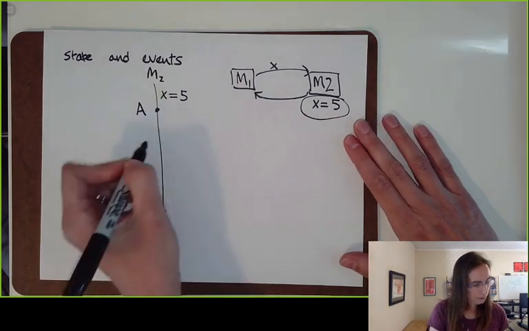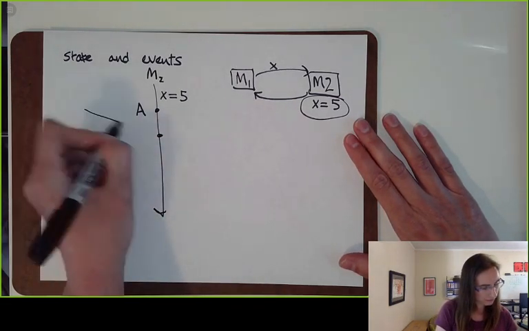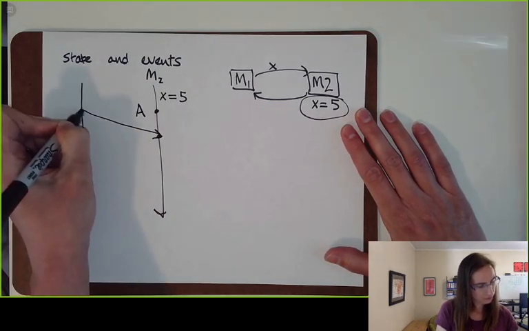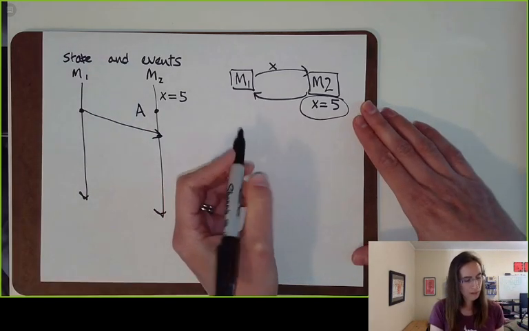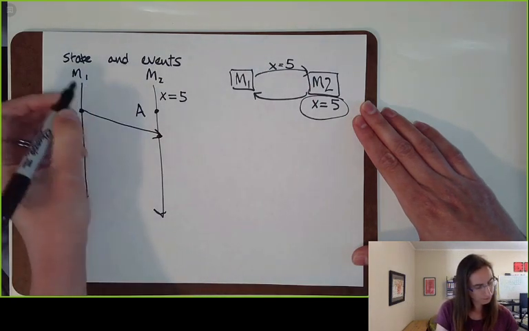So maybe there's another event here that happens to be a message being received. Maybe M1 is over here. Maybe M1 sent a message that said to set X to 5.